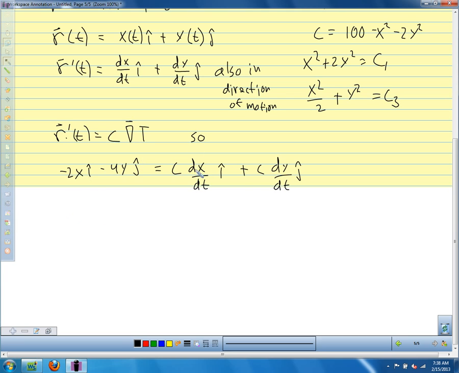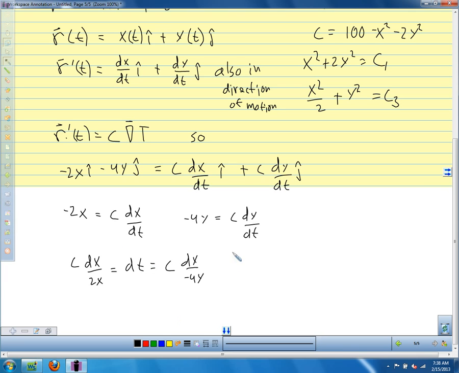All right, so equating components, we're going to say that minus 2x equals c dx dt, and minus 4y equals c dy dt. I'm going to solve each of these for dt. So c times dx over minus 2x equals dt, and that equals c times dy over minus 4y. There should be a negative here, yes.